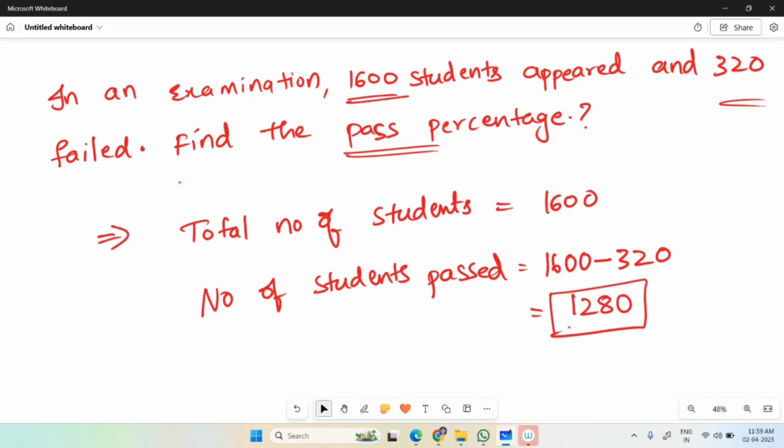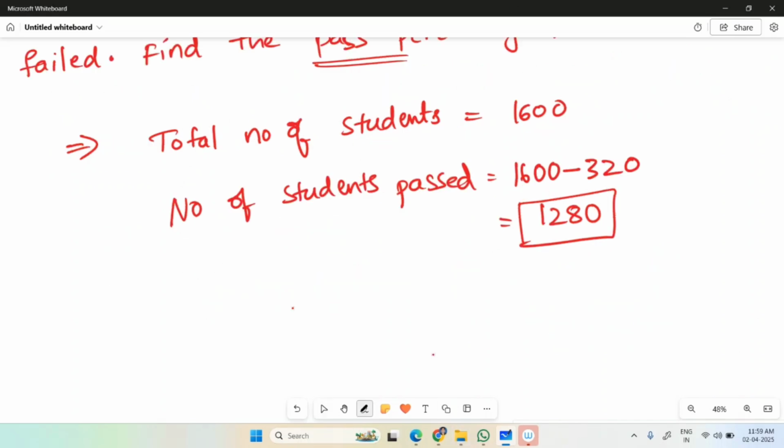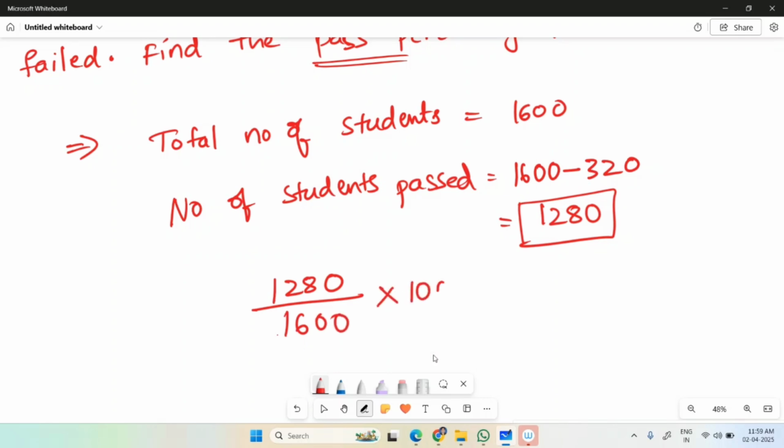Now we have to find out the pass percentage. Okay, so how do we find the pass percentage? We know that 1280 students passed out of 1600 students, and we want percentage, so we multiply by 100.